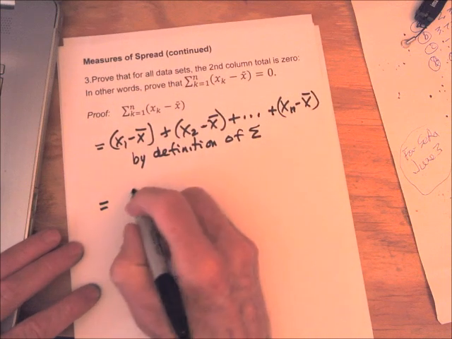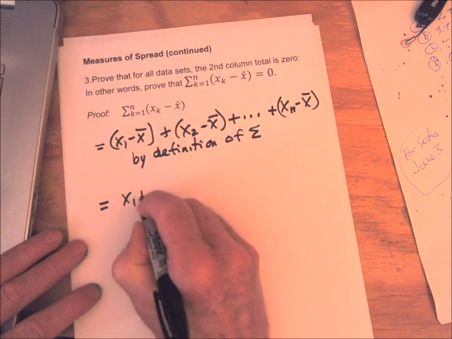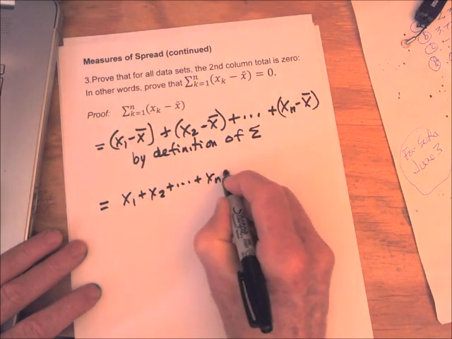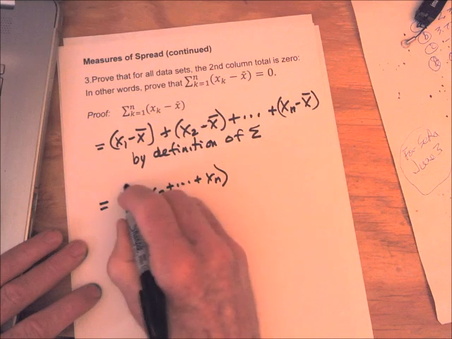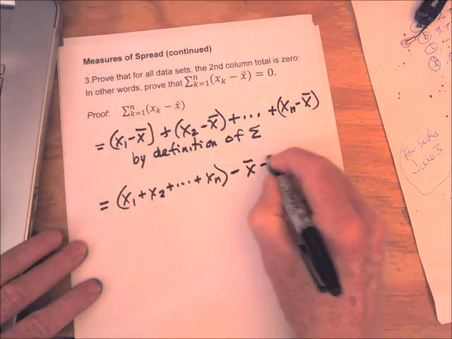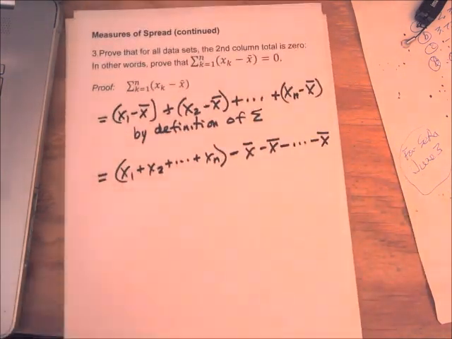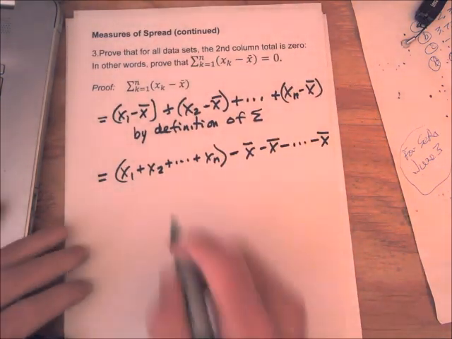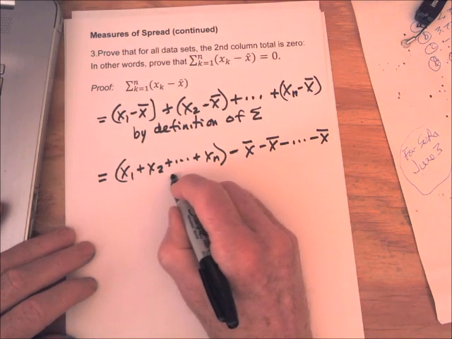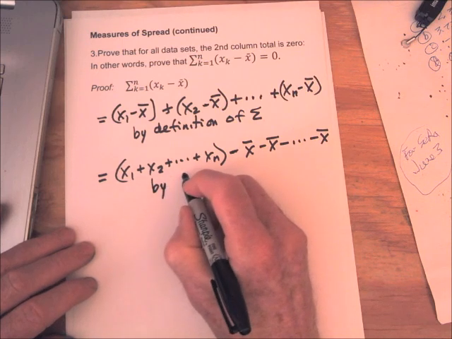So we can put the x1, x2, etc. together: x1 plus x2 plus etc. plus xn, and minus x bar minus x bar minus etc. minus x bar. This is by the commutative and associative properties of addition.